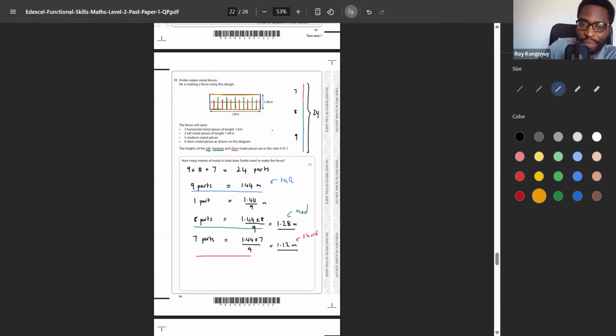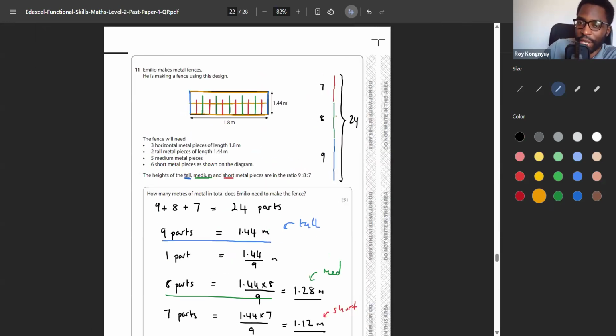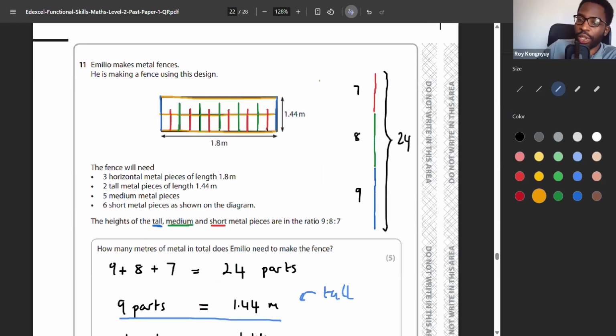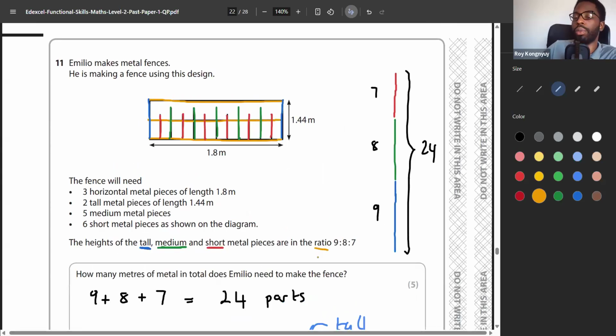So yeah, this ratio part seems like the major thing causing issues. You can think of it like this. A ratio is a relation between numbers. And so the relationship between the tall, the medium, and the short pieces is as 9 is to 8 and as 8 is to 7.